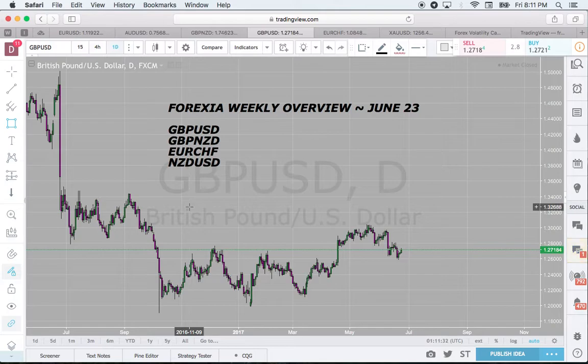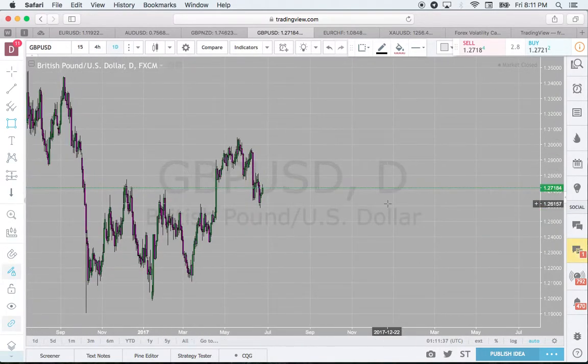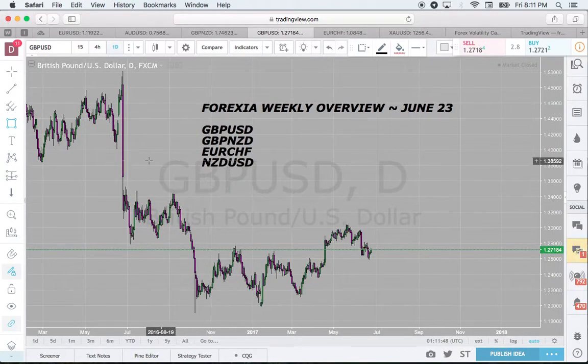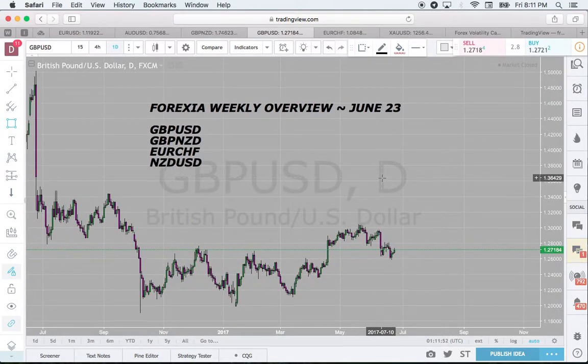So this is why you see my chart with no indicators, no special tools whatsoever, because I didn't use any special tools when taking this trade. I looked at the daily time frame because this, in my opinion, is going to be a very profitable long-term trade.